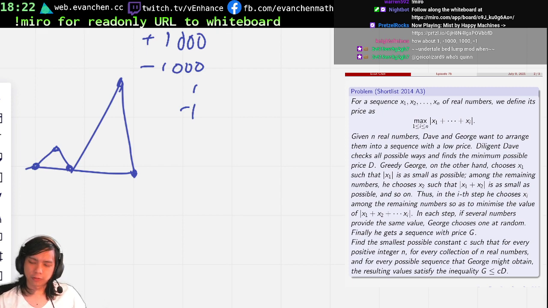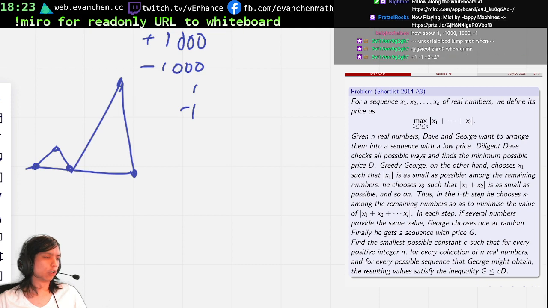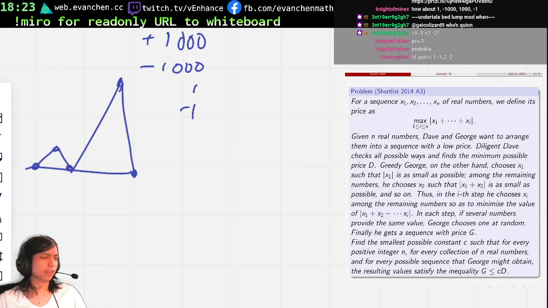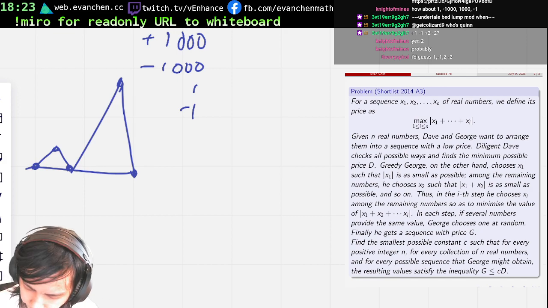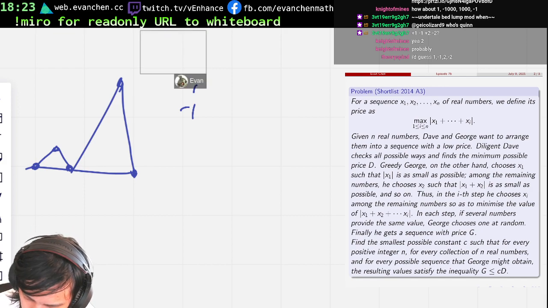So the next question is, 1000 is obviously too big. What's the best you can do and have this method still work? Yeah, 1 should be 2 and minus 2, right? Because any worse than that... Okay, so 2, minus 2 is enough to get the spike thing to happen.